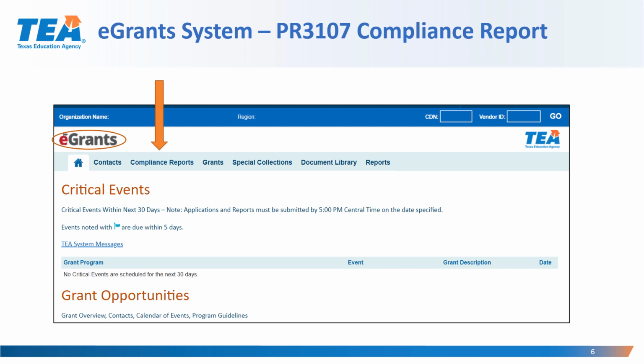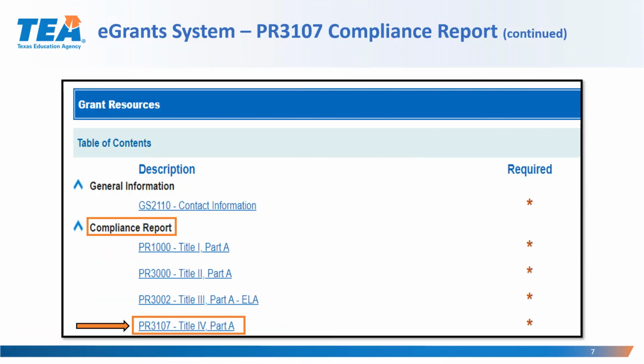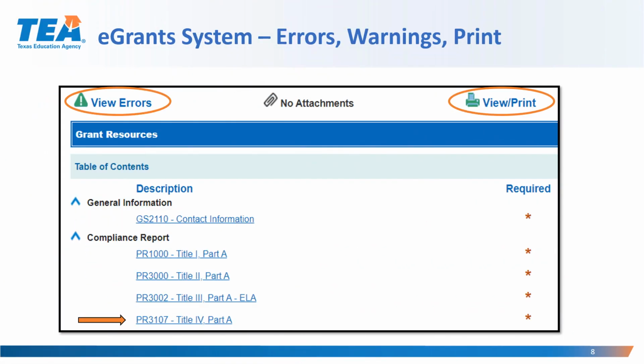The LEA can click on the Compliance Reports to access the PR 3107 for Title IV Part A. The Title IV Part A Compliance Report may be found in the eGrants system under the Grants Resources Table of Contents tab. Within the eGrants system, an LEA can view and print error and warning messages.